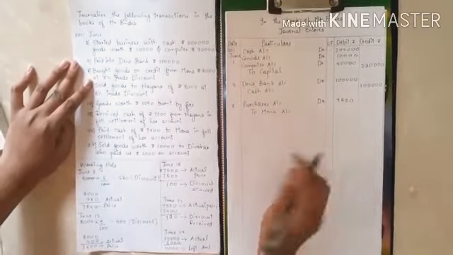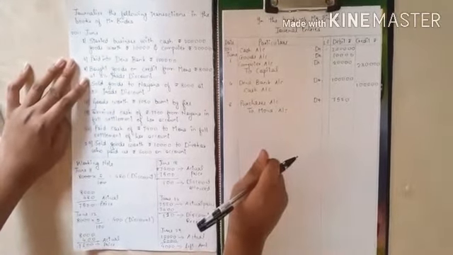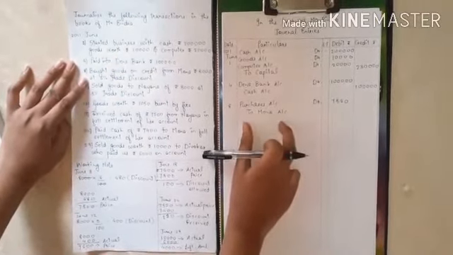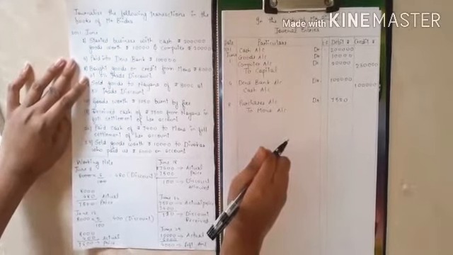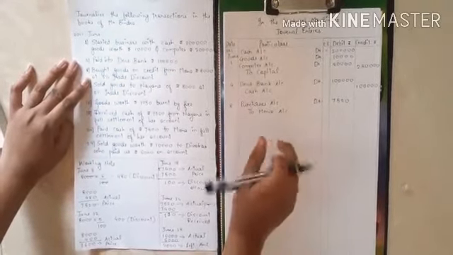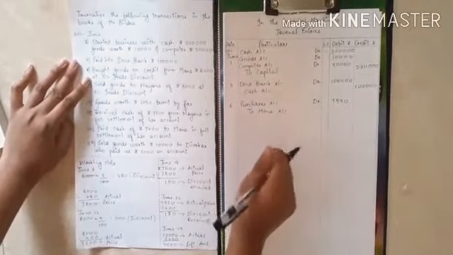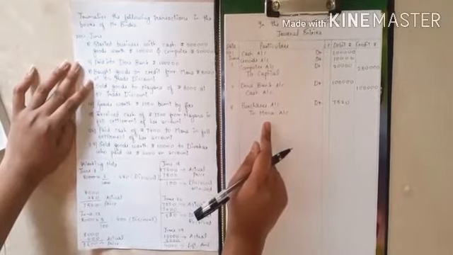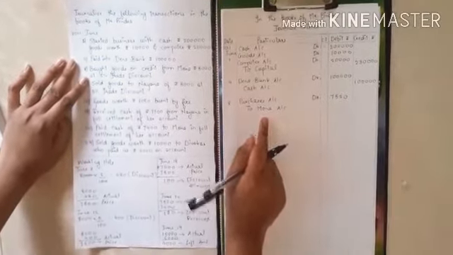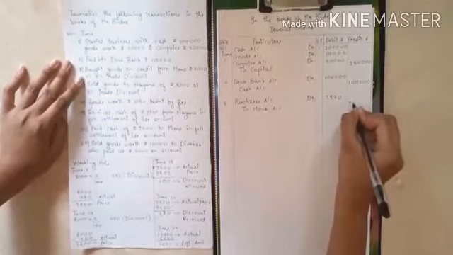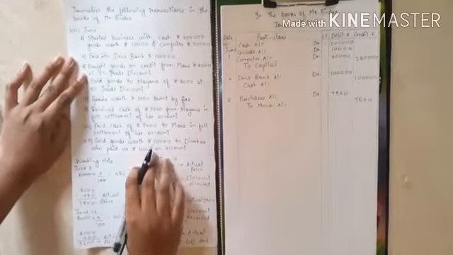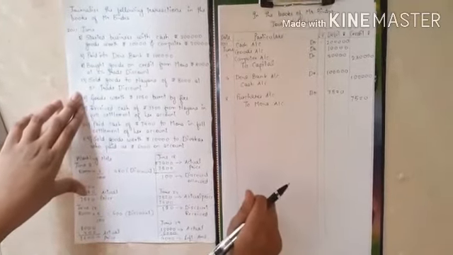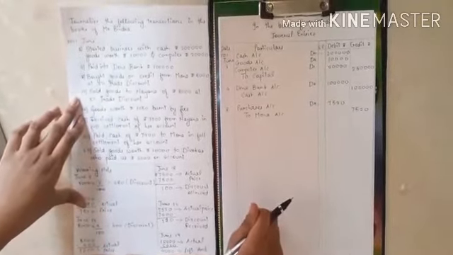And even here the rule is applied. Since Mona is a natural person, so personal account is related to Mona. What is the rule for personal account? Debit the receiver and credit the giver. Since she has given credit to Mr. Bindra, so she is the giver. Credit the giver. That is why credit effect is being given to Mona's account. So what is the amount? 7,520.